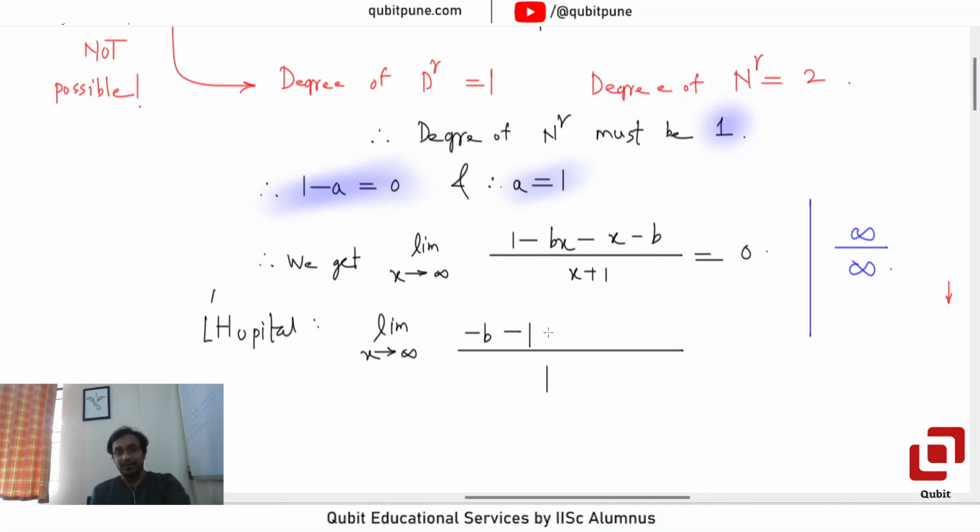Don't write this b because it is a constant, so its derivative is 0. So what have we got? Negative b minus 1 is 0, so b should be negative 1. We've got b as well.